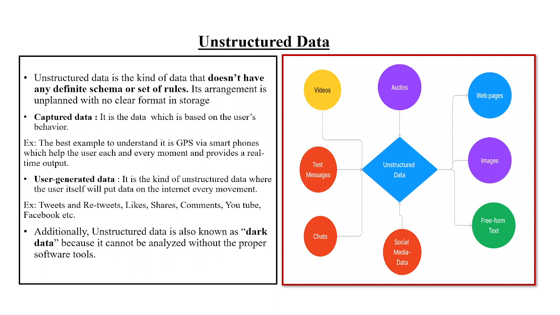All the data that the user generates on these platforms is termed as unstructured data. And this unstructured data is also called dark data because it cannot be analyzed without the proper software tools. A proper software tool is needed for sure to analyze this dark data. With the traditional tools, it is not possible to analyze this unstructured data.